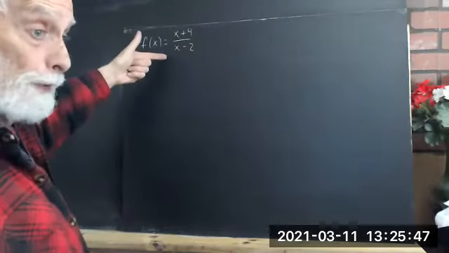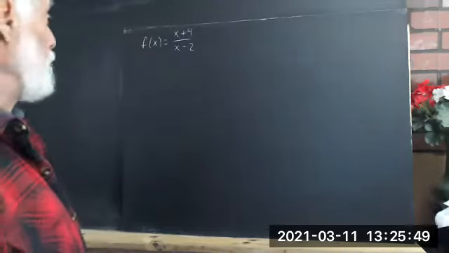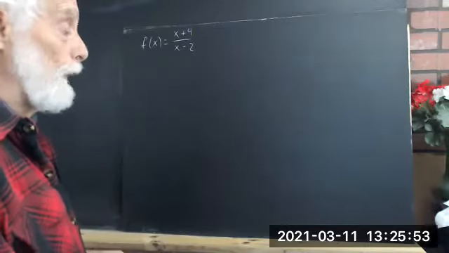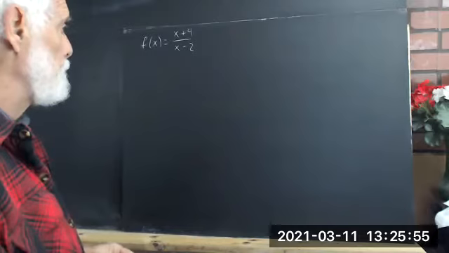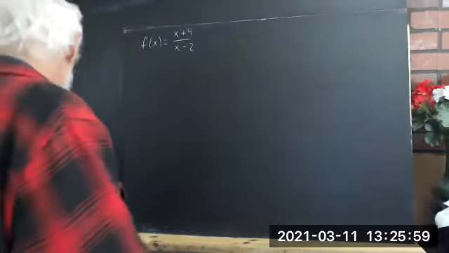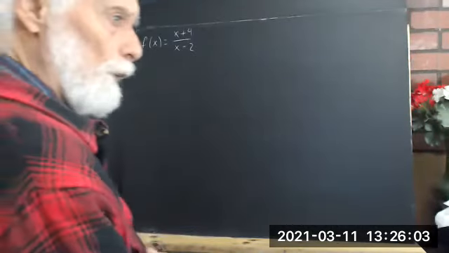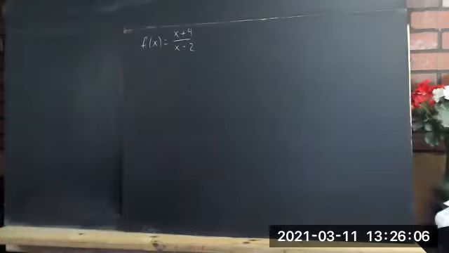You know what the graph of this looks like. It's going to be a rational function, horizontal asymptote at x equals 1. And, before I do this one, I said something over here that's wrong.